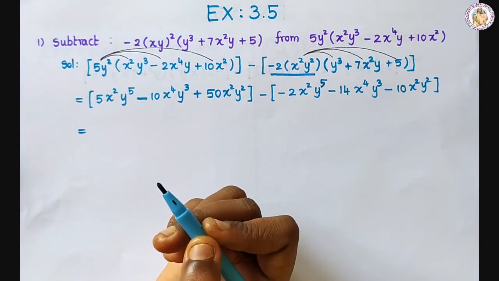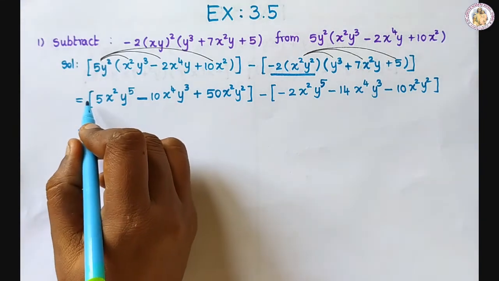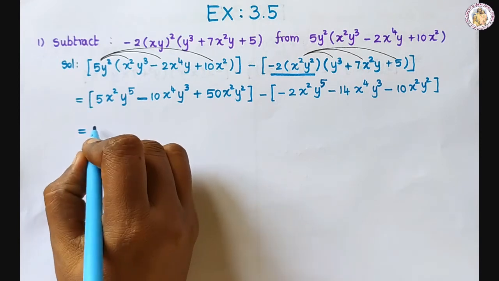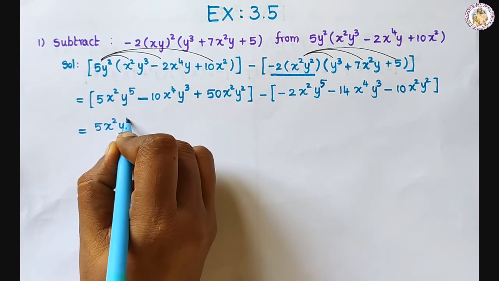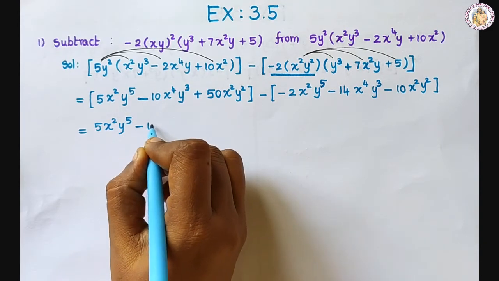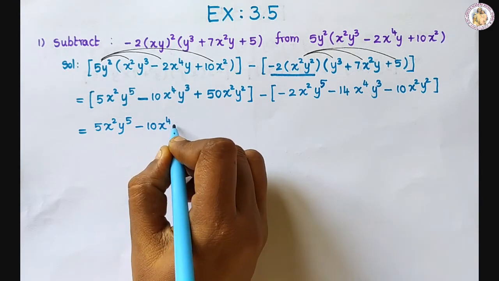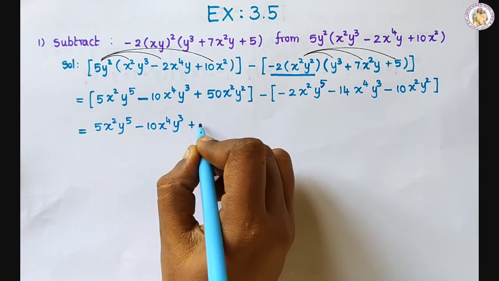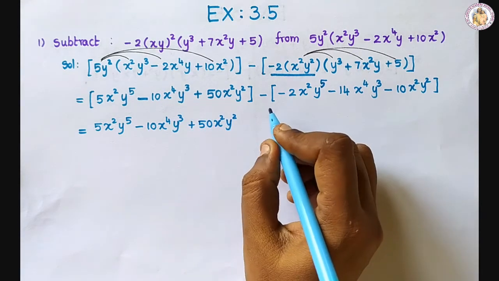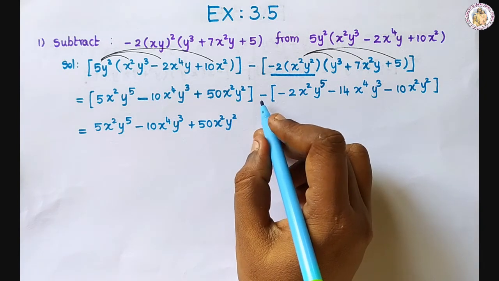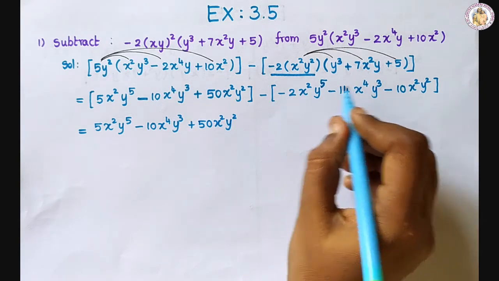Now remove the brackets. Before the bracket nothing is there, so write down as it is, 5x squared y power 5 minus 10x power 4 y cube plus 50 x squared y squared. Here minus is there, so multiply with this 3 terms.